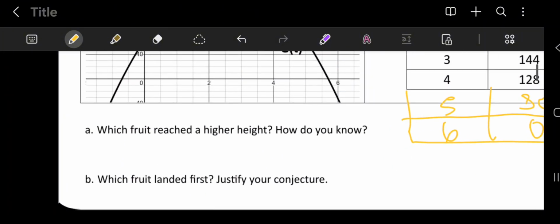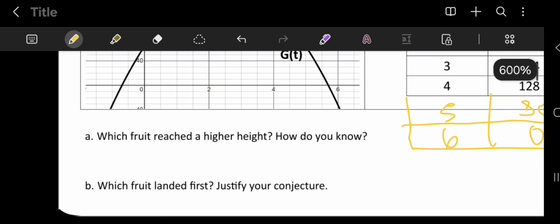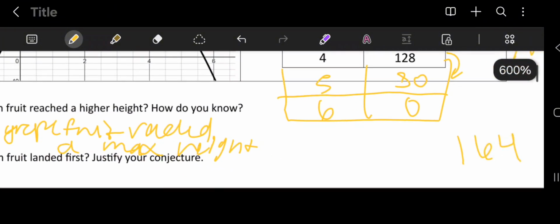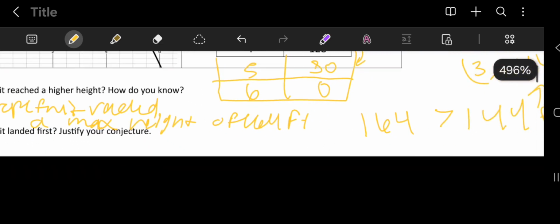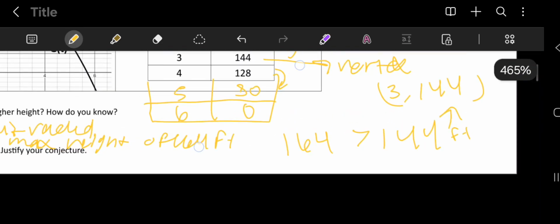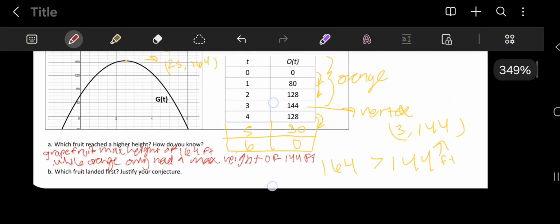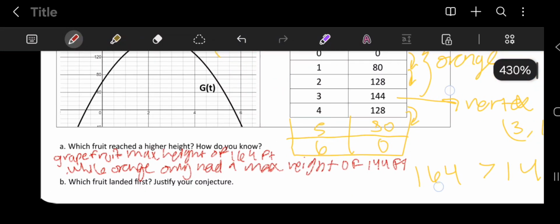We can just say the grapefruit reached a max height of 164 feet, and then the orange reached only 144 feet. I'll probably rewrite that, but not at the moment. Actually, no, I'll rewrite that. Okay, guys, doesn't that look so much better?